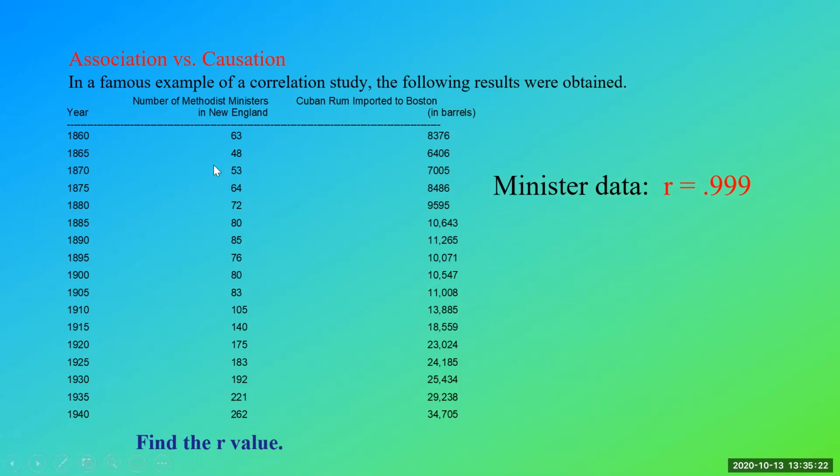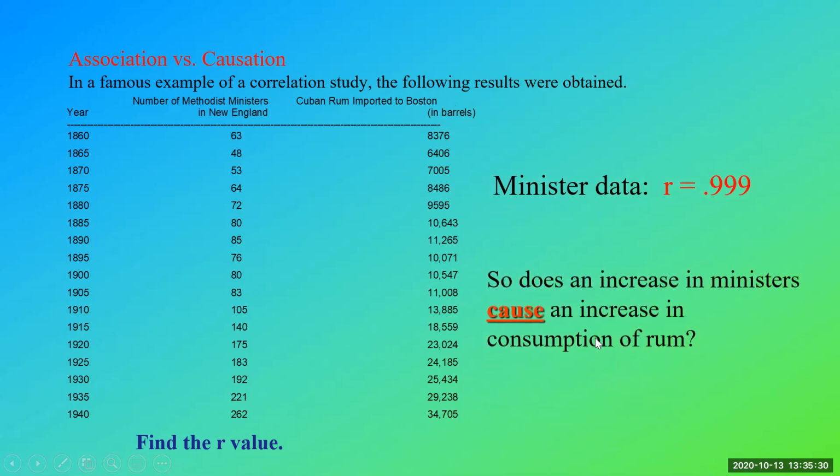Well, wow, what does that mean? Do we really think having more ministers is going to increase our barrels of rum? No, okay, just because I have a strong correlation does not mean that if I add more ministers, that's going to cause more rum consumption. Just because something is correlated does not mean that it causes it, okay?